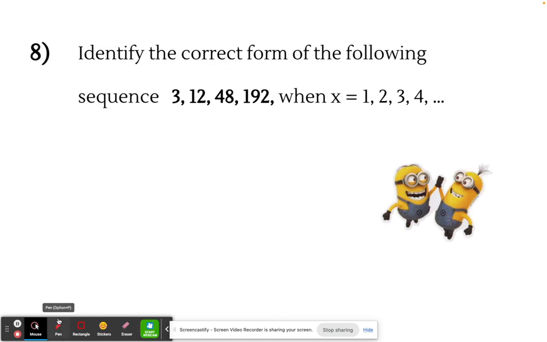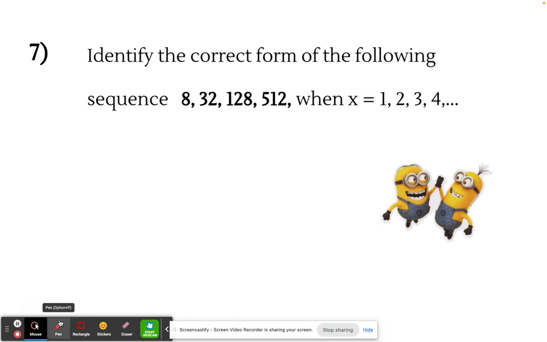Next example, number 7. This is when x is 1, 2, 3, and 4. If you look at my pattern, it looks like it's a times 4 pattern.